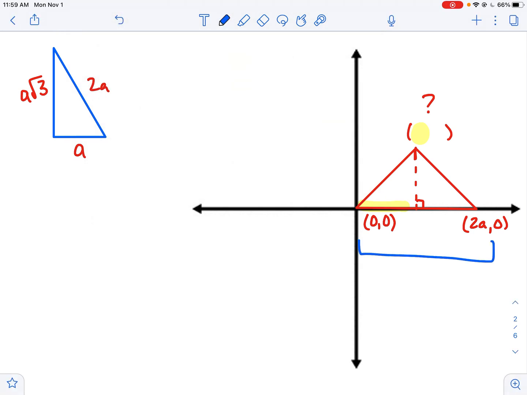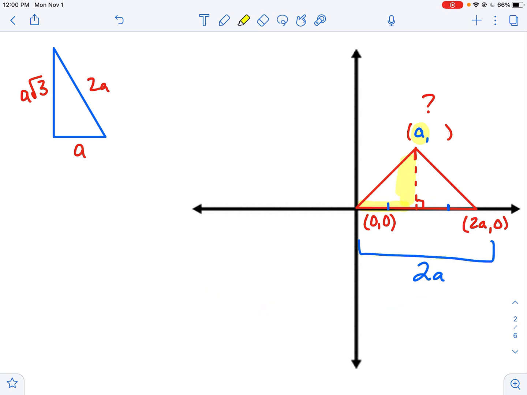Okay, well this distance here is 2A all the way across. But since this is equilateral, that is a perpendicular bisector. It cuts my segment down here into two equal parts. So each part, if they add up to 2A, each part would be just 1A. 1A plus 1A gets you 2A. But how far up did I go? Well, for that, we're going to have to consult our diagram over here.